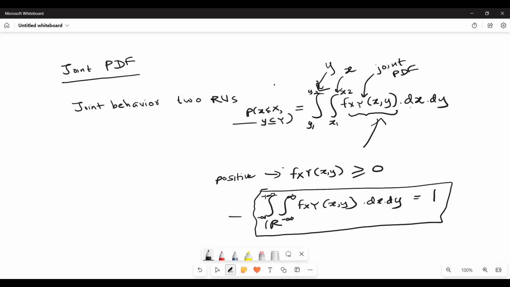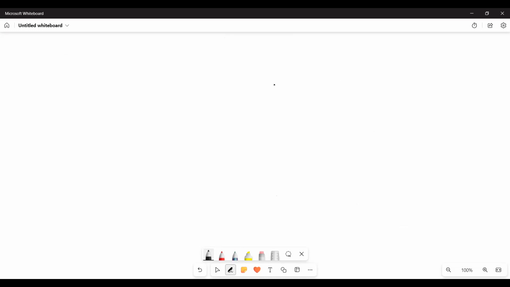Then we will talk about the CDF as well. I will delete this. So the joint CDF function is the probability that you obtain once you take the integration of the probability density function up to a certain point.